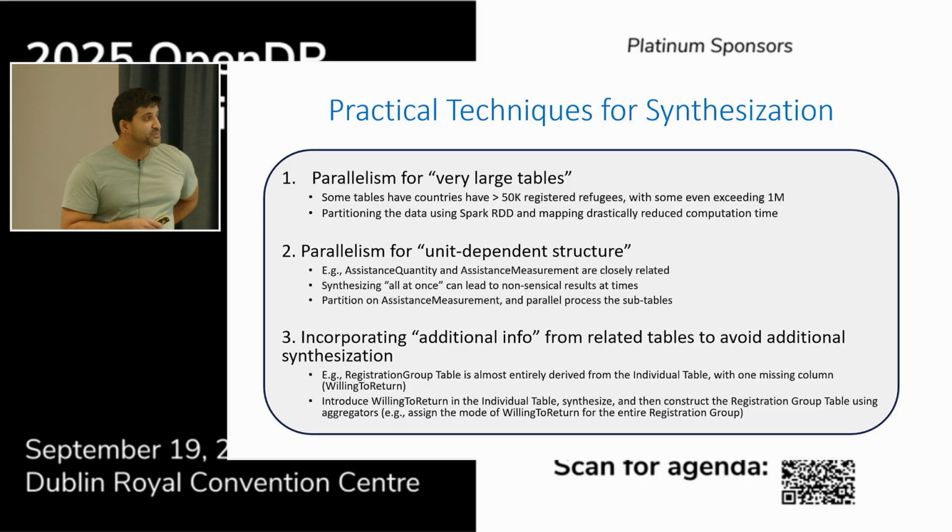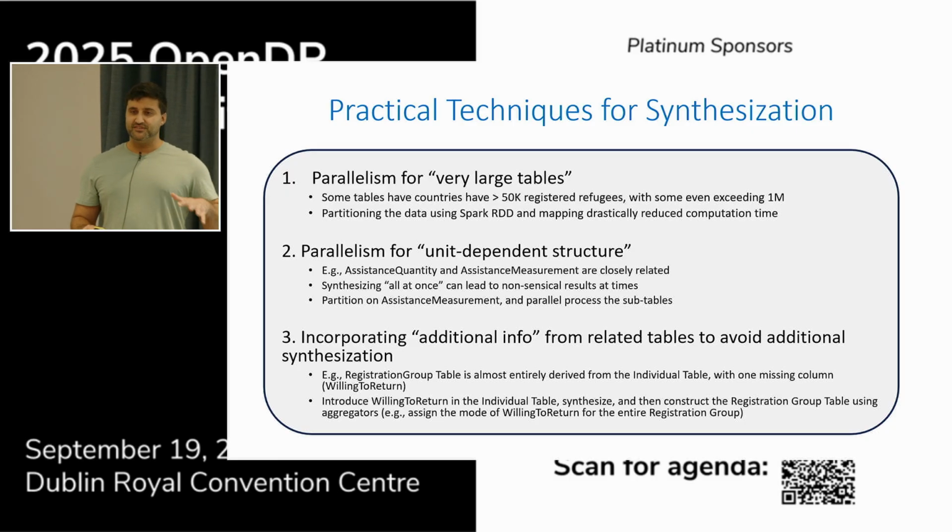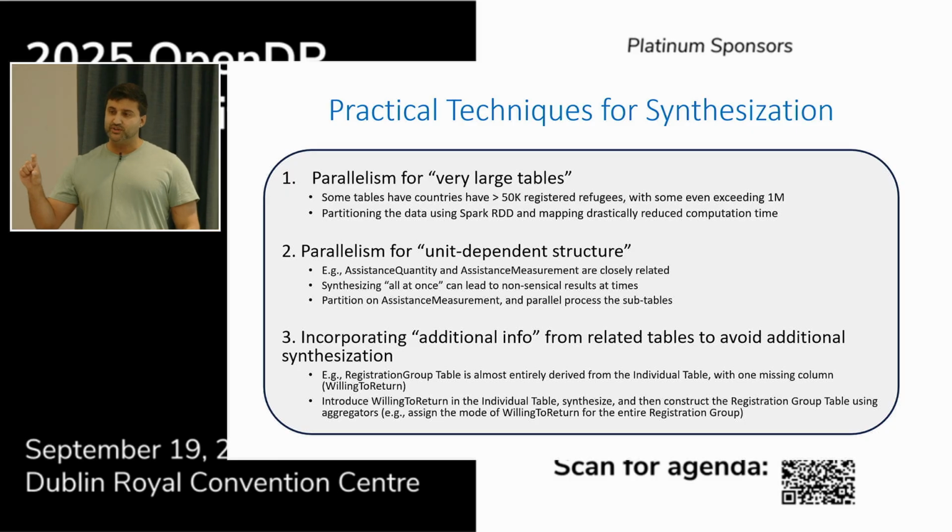And the last thing we found is that, in order to reduce the number of tables we had to synthesize, it tended to be better to lump some things together into related tables, do them all at once, and then separate them out. A while ago I alluded that the registration table was mostly an aggregate of the individual table, except for one column called willing to return, which was at the registration group level, but not the individual level.